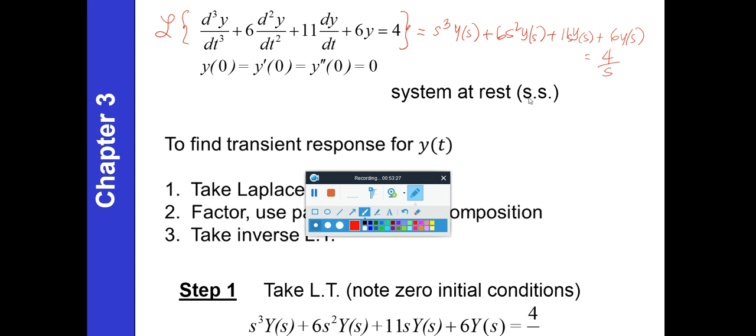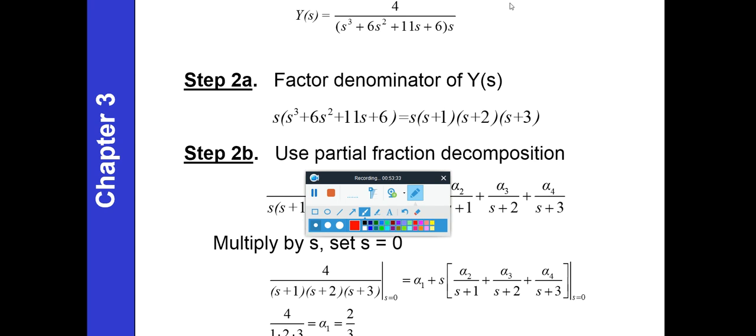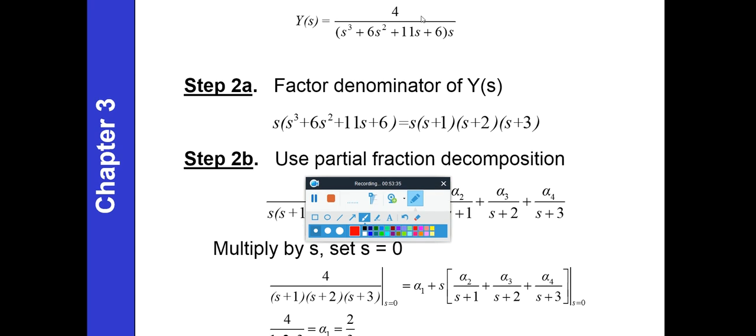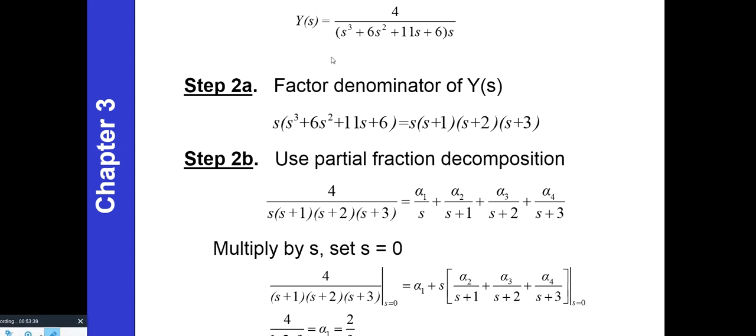After that, we combine the terms with the same base. So we arrive at Y(s) equal to 4 over s times s cubed plus 6s squared plus 11s plus 6. Then you factor the denominator of Y(s).